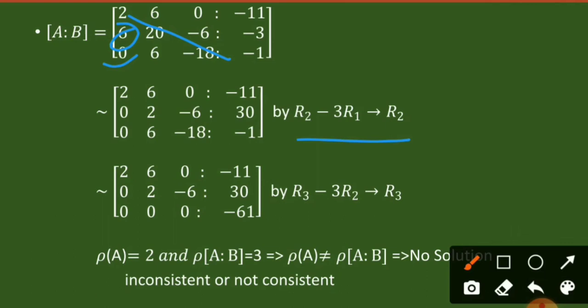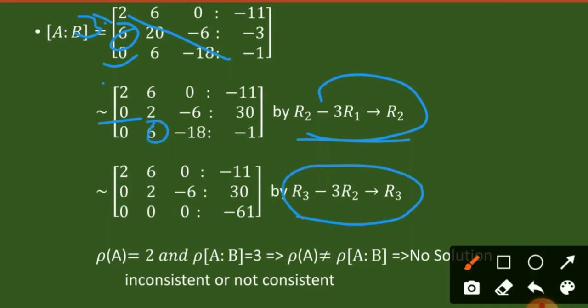For this we multiply the first row by 3 and subtract it from the second row, which will make this element 0. After this, we make this 6 into 0 in the third row, for which we apply the operation row 3 minus 3 times the second row, which will make this an echelon form. So the elements below the diagonal are 0 and the number of zeros is increasing.